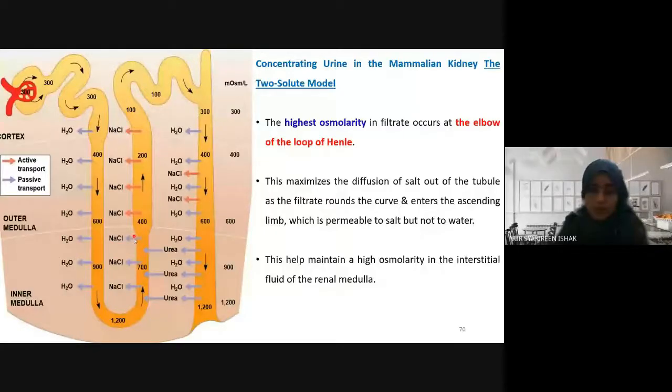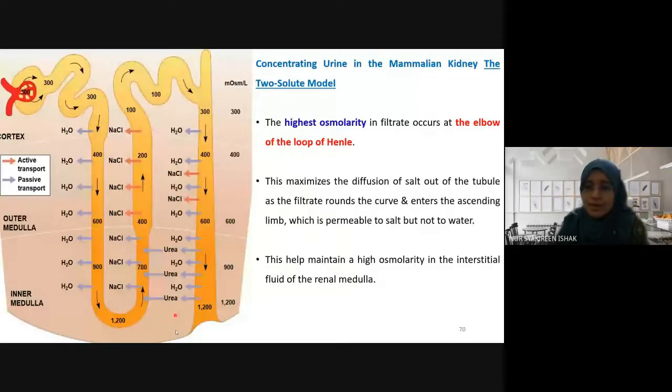So ingat kat sini hanya garam je yang keluar. Passive transport sebab filtrate is really concentrated. Active transport dia nak keluarkan juga lagi salt tu. Okay, so this helps maintain a high osmolarity in the interstitial fluid, especially in the inner medulla region.